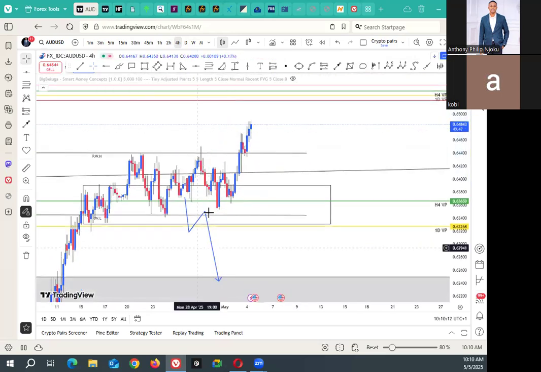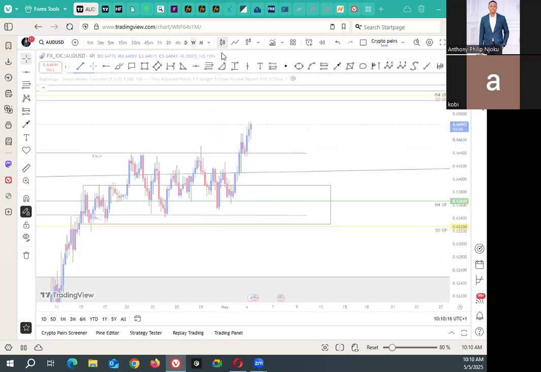So with that in mind, let's now update this chart. We go to the weekly time frame. What did we do on the weekly time frame? We update the previous week high and previous week low.